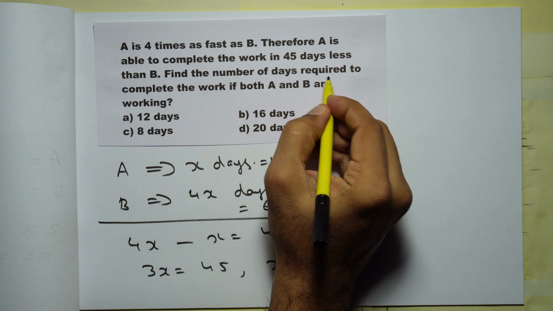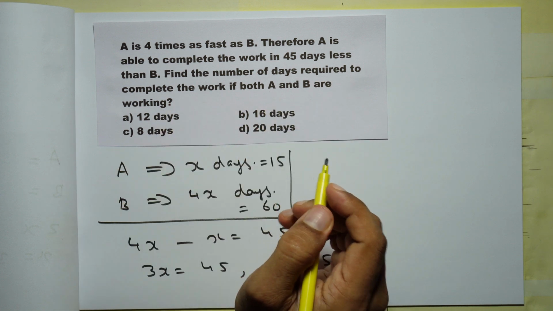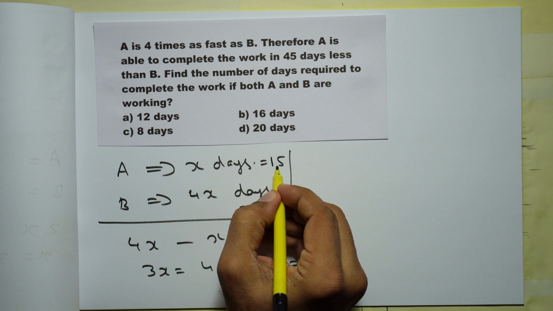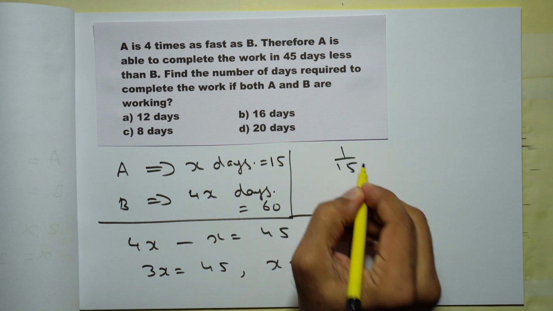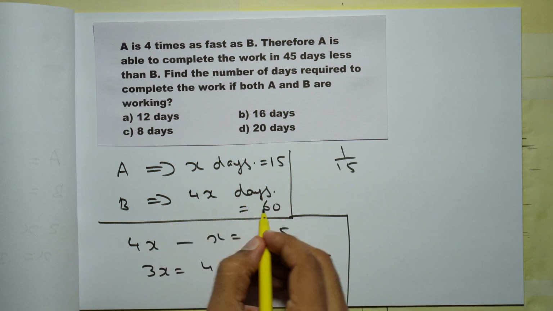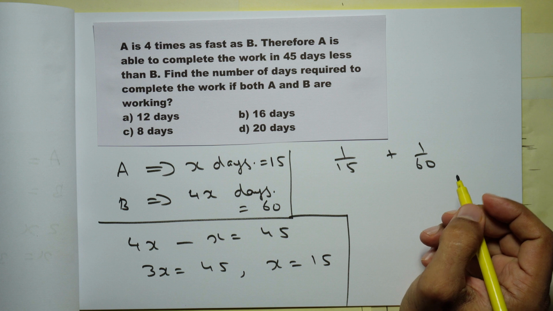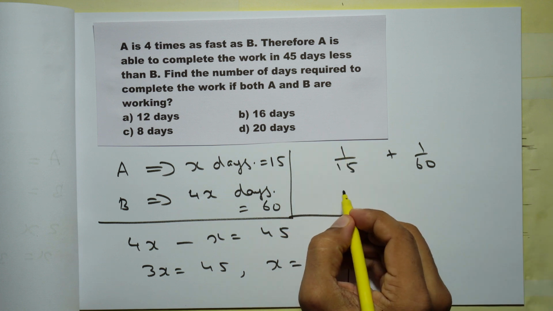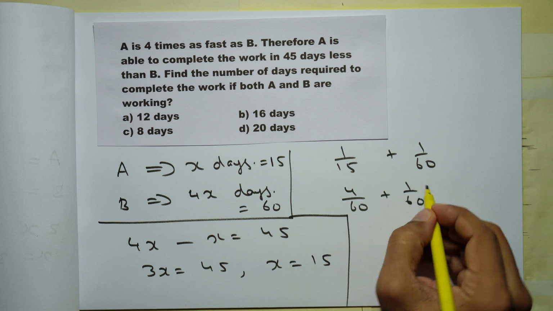Find the number of days required to complete the work if both A and B are working. So A can complete the work in 15 days. So every day A will do 1 by 15th of the work. And B can do the work in 60 days. So every day B will do 1 by 60th of the work. 1 by 15 can be represented as 4 by 60 plus 1 by 60.